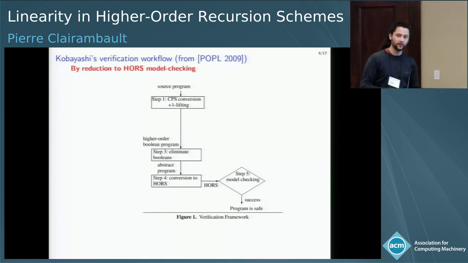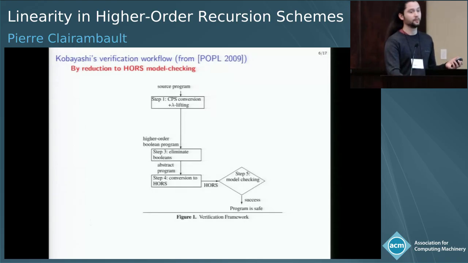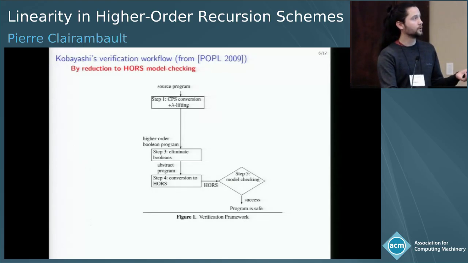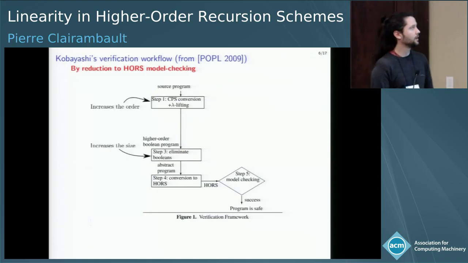So there are several steps, which are program transformations. First of all, you convert a source program, which may be some fragment of OCaml, so call by value, into a call by name recursive program with booleans. But higher order recursion schemes don't have booleans, so you need to somehow eliminate them. So there are two operations.